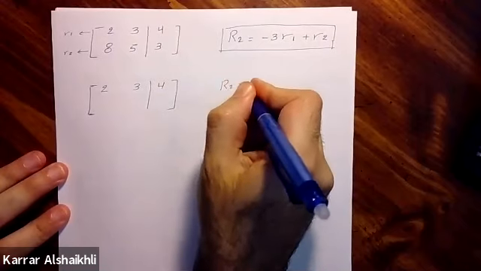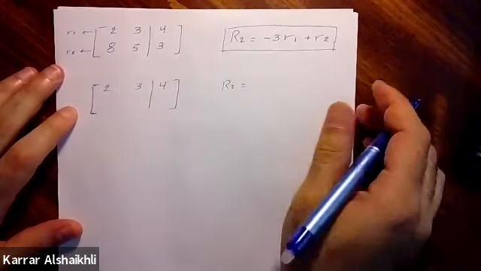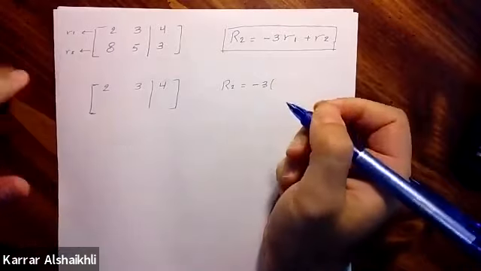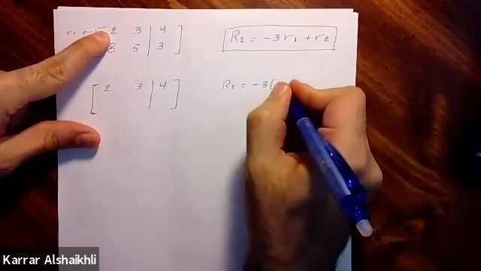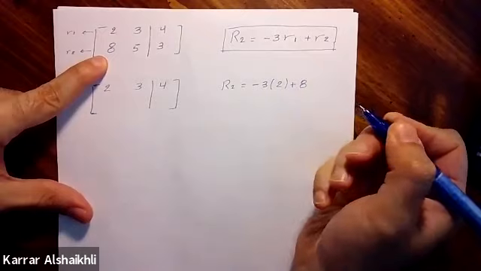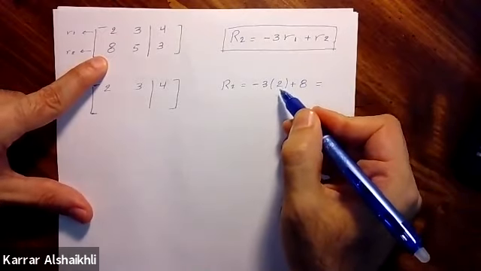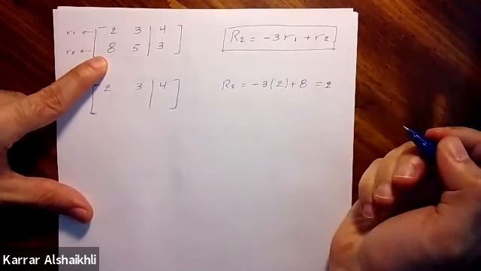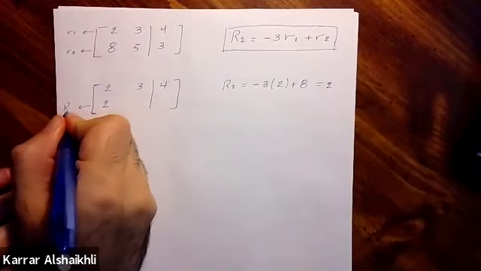The first number is going to be negative 3 times R1, which is the 2, or we can use this 2, the same thing, plus R2, which is the 8. Negative 3 times 2 is going to be negative 6, plus 8 is going to be 2. That means the first number here is 2, which is the new R2.